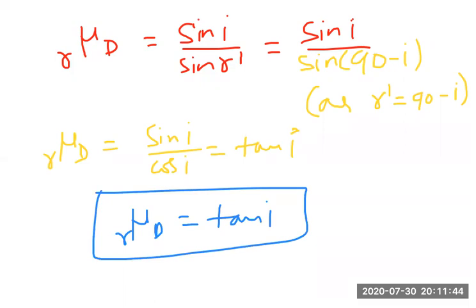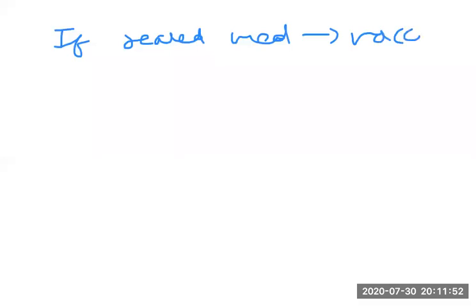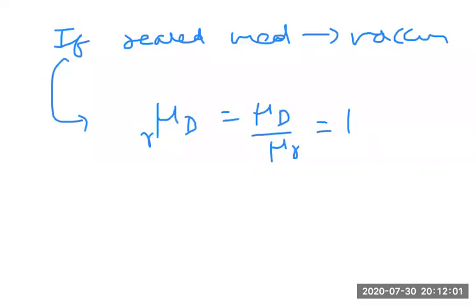Suppose again we take the rarer medium as vacuum. If the rarer medium is vacuum, then what can we write? Mu d with respect to R we can write as mu d by mu R, or simply as mu.